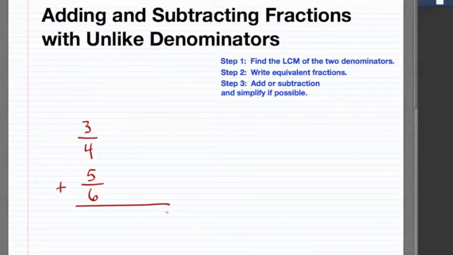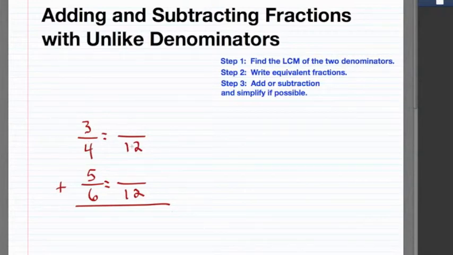All right, in this example, we have 3/4 plus 5/6. Again, I'm going to follow the same exact directions, same steps. First, find the least common multiple. So the least common multiple of 4 and 6 is going to be 12. All right, so on to step two, let's find equivalent fractions.